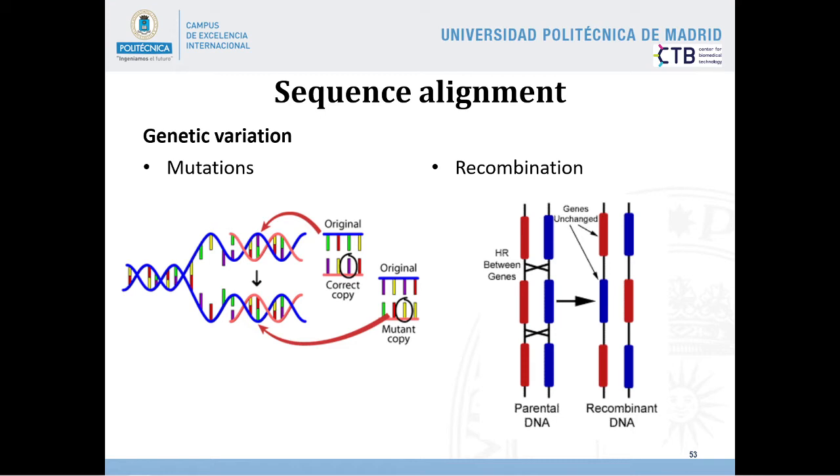What we want when we do sequence alignment is to omit, let's say, these ones, or identify them. And these ones we also find, but as recombinations occur between long fragments, not just a nucleotide, and they exchange the whole fragment, it will be very easy to identify.